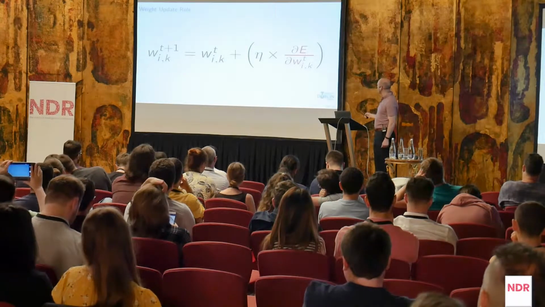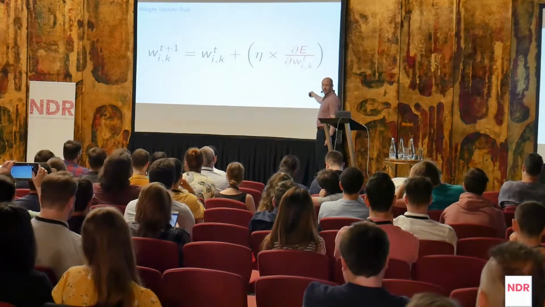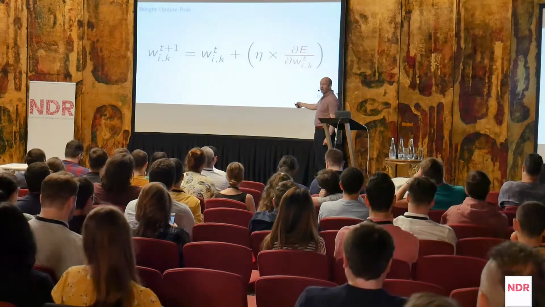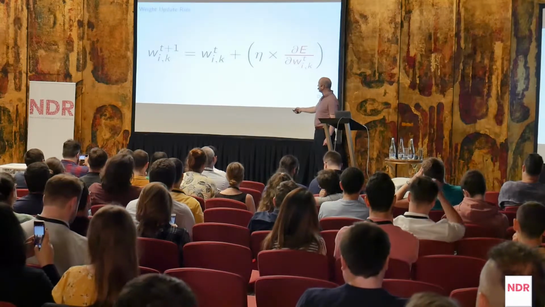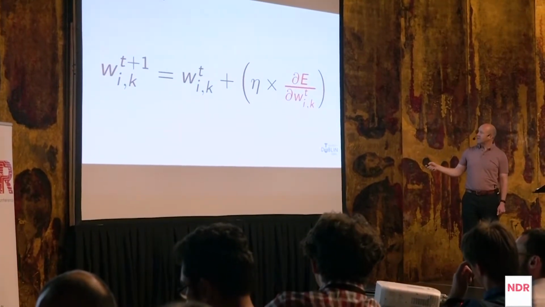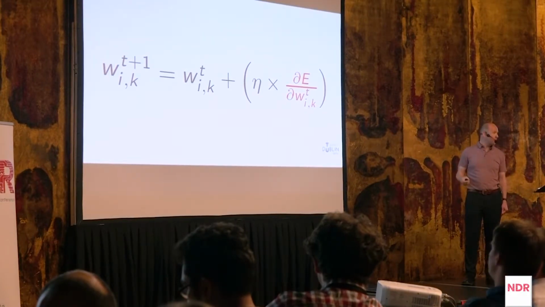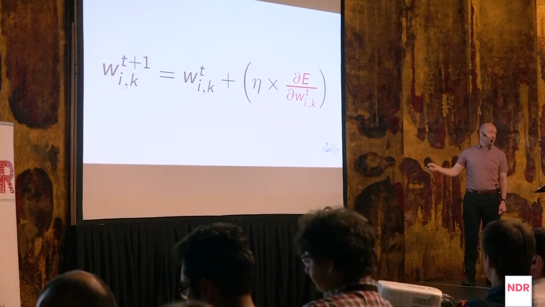Once we have that term calculated, the actual weight update rule, and I'll explain in the next few slides how we calculate that term, is simply this: the weight at training iteration t between i and k is changed into the new weight after that iteration by adding to it the sensitivity of the error of the network with respect to that weight, multiplied by a scaling factor, a learning rate. I won't have time to explain that, but we just don't want to make very big changes to the weights at any time, so we typically scale them down before we update them.